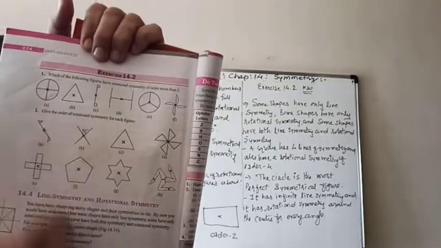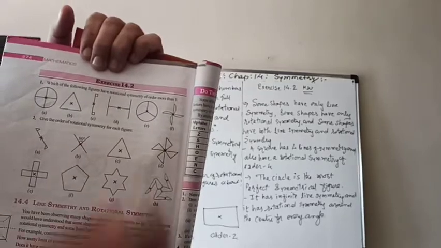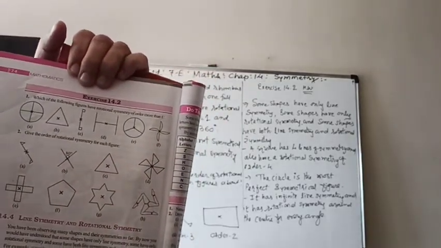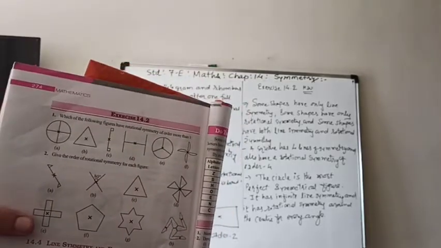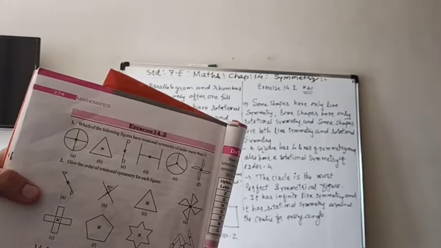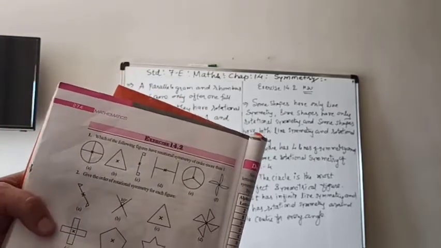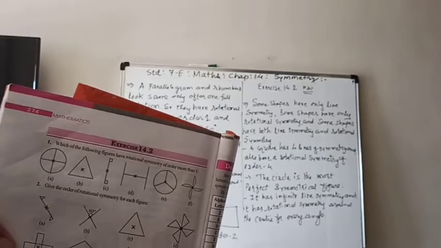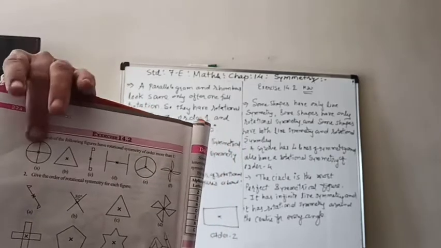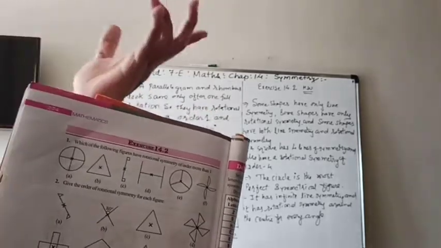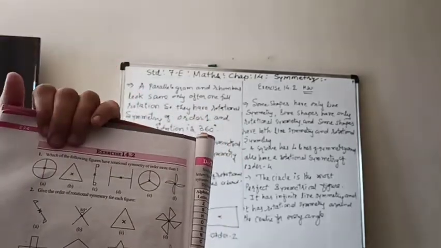Here you can see a circle and a cross mark in between, a plus sign. When it rotates at 90 degrees, every 90 degrees it comes to the same position, means it looks exactly the same. It means that this has rotational symmetry more than 1, order 4.